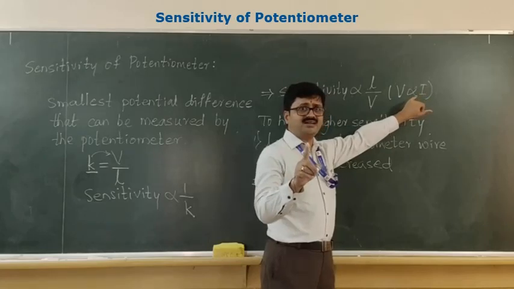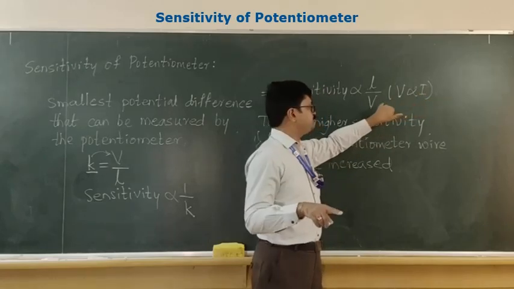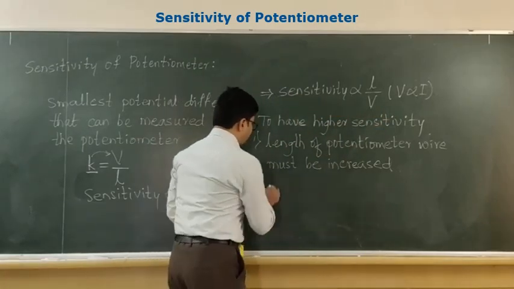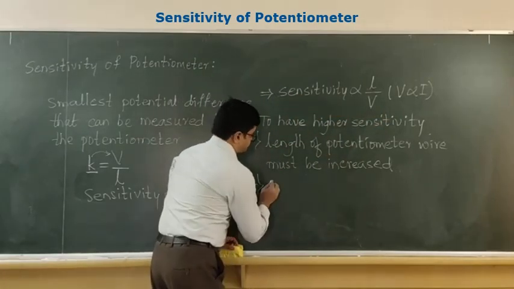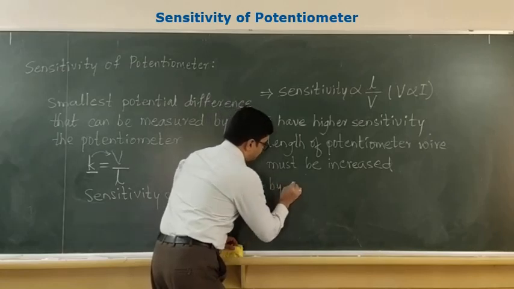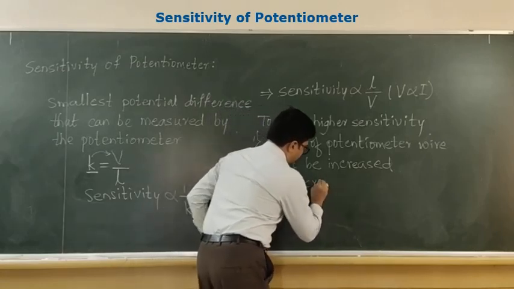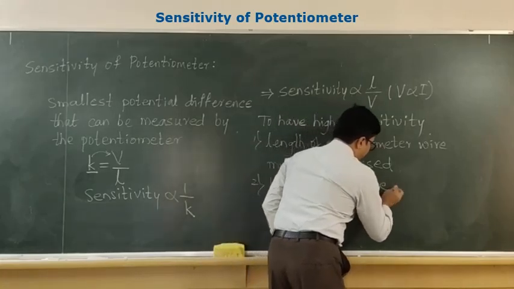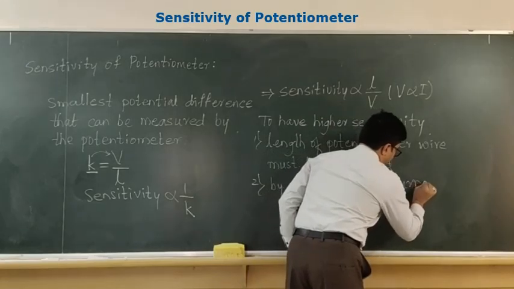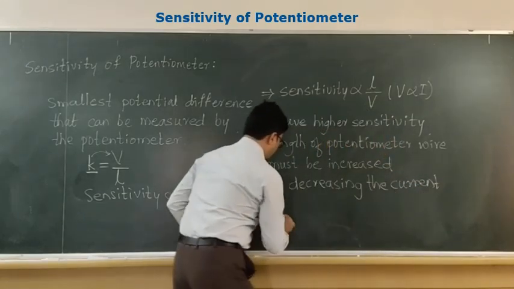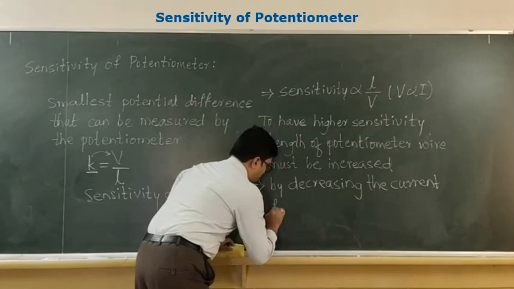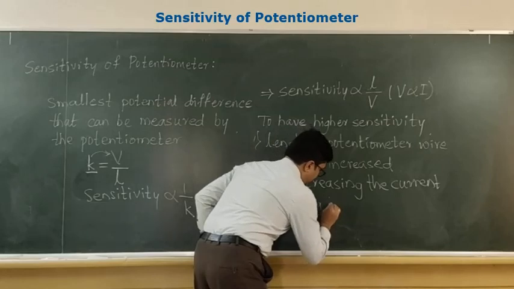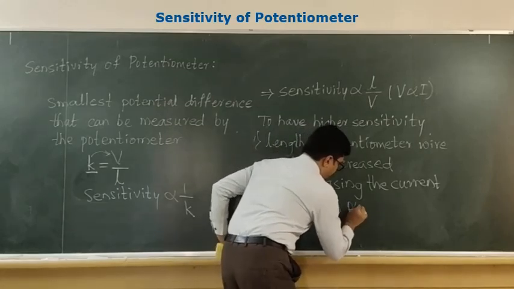If current is decreased, potential difference decreases. If potential difference decreases, sensitivity will increase. So hence we can say by decreasing the current flowing in potentiometer.